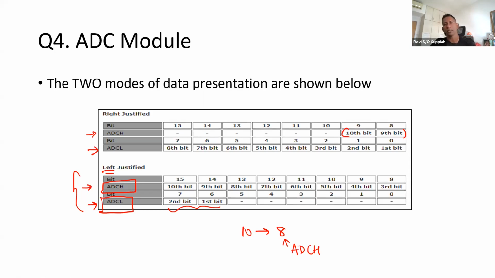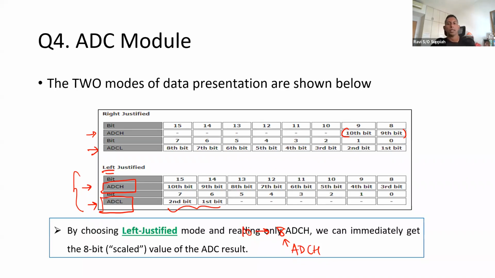The 8-bit result is already there. So I can straight away use this left justified mode and just read the ADCH value, and by doing that I get an 8-bit scaled value.